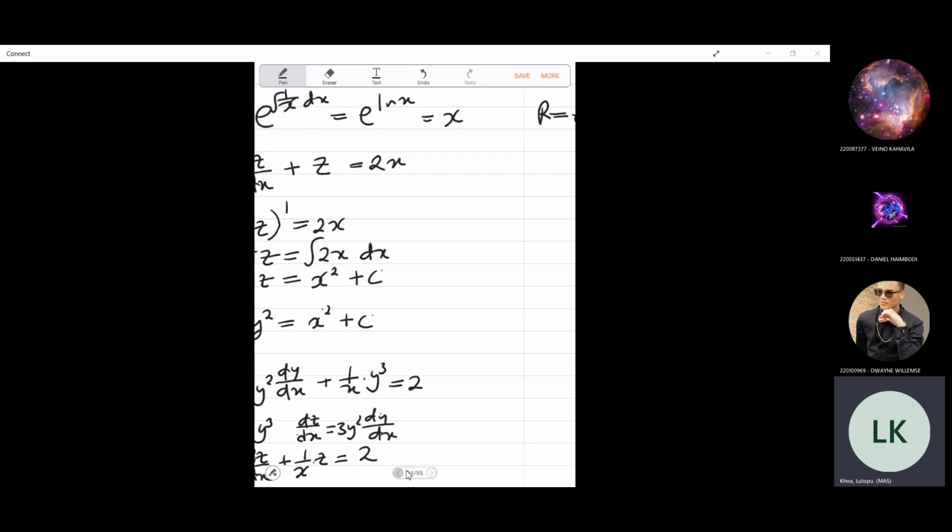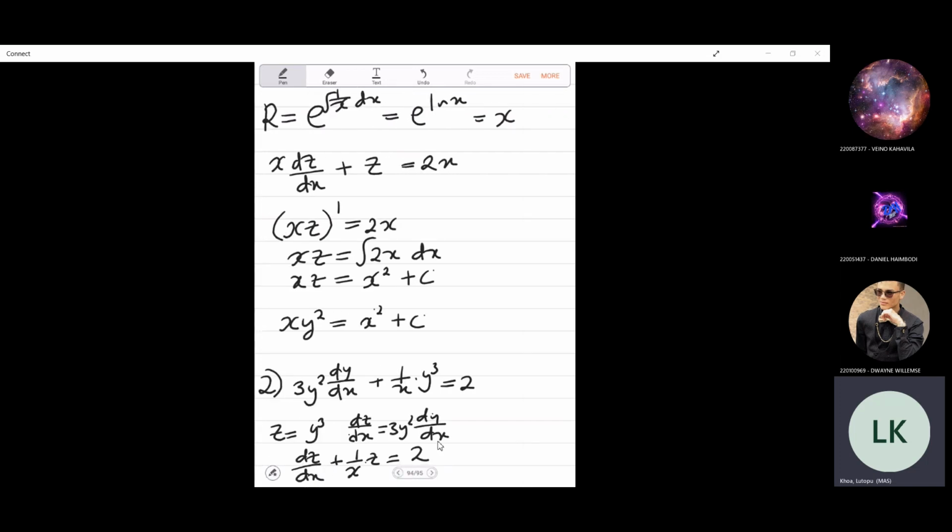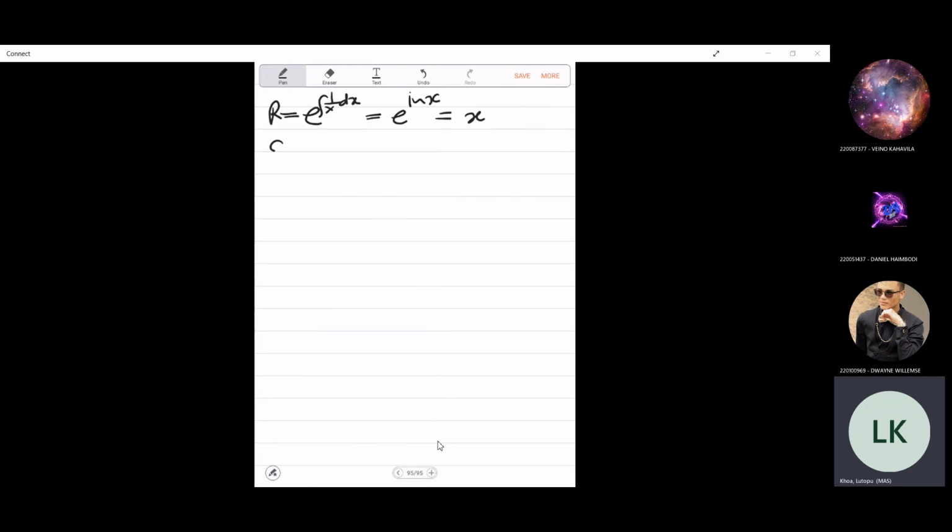So I multiply everything with x. I have x dz/dx plus z is equal to 2x. And then this becomes xz prime is 2x, and then we integrate both sides.